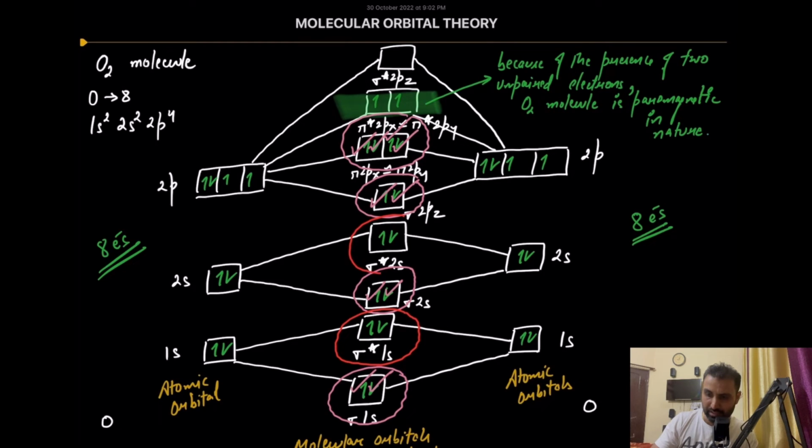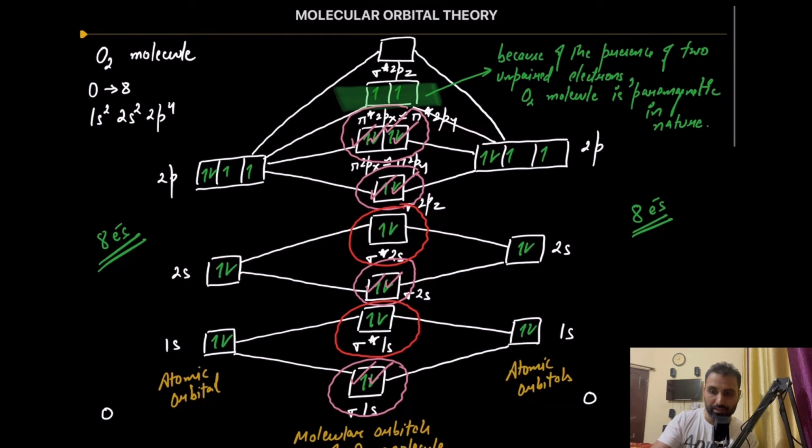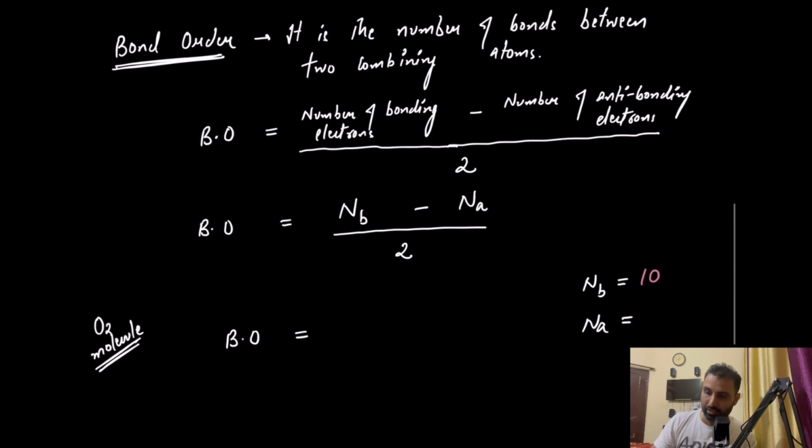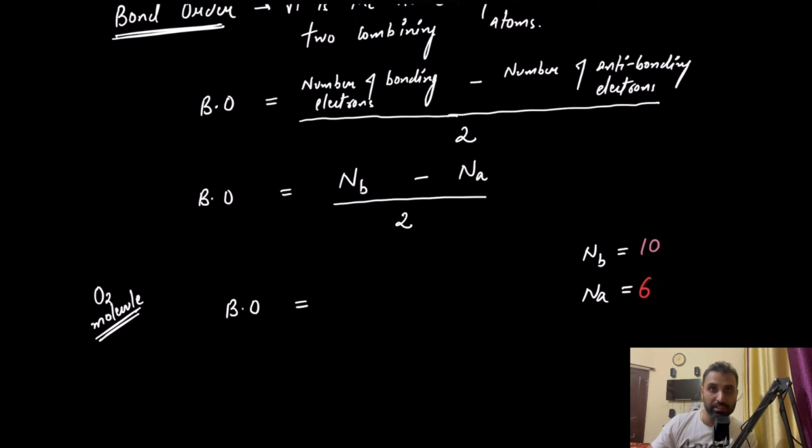This sigma star 2s is anti-bonding molecular orbital, and this pi star 2px and pi star 2py is anti-bonding molecular orbital. So now let's count the number of electrons over there. The first electron, second electron, third electron, fourth electron, fifth electron and the sixth electron. We got 6 electrons in anti-bonding molecular orbitals.